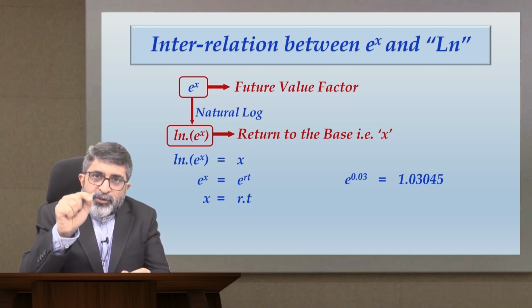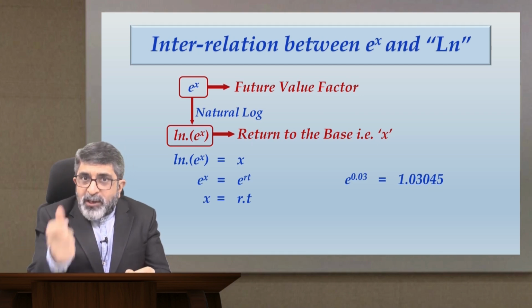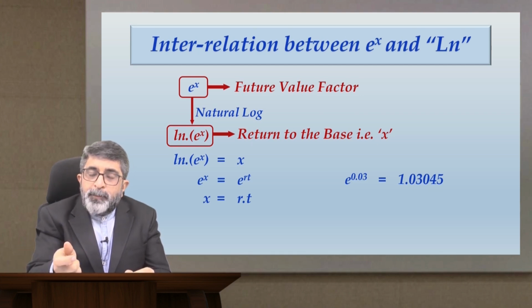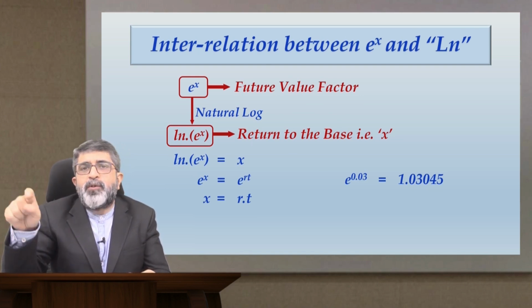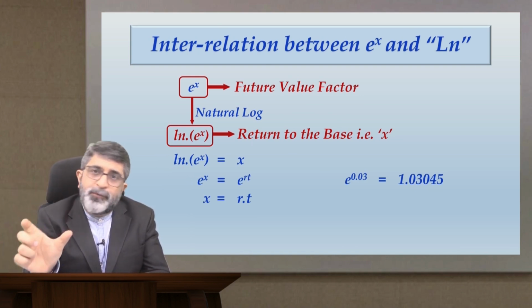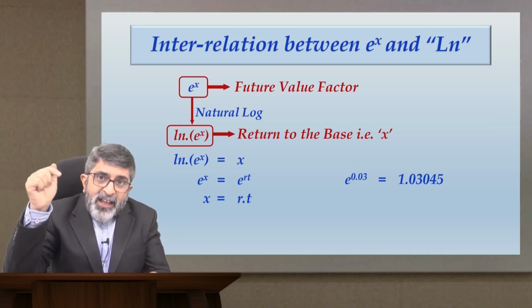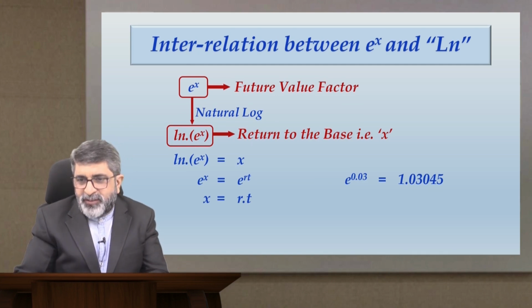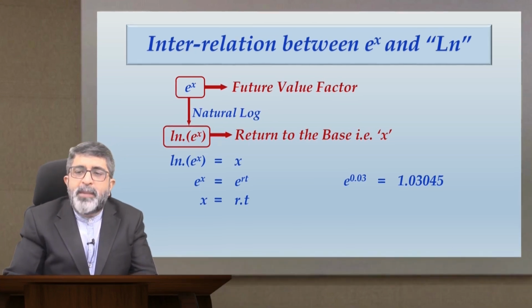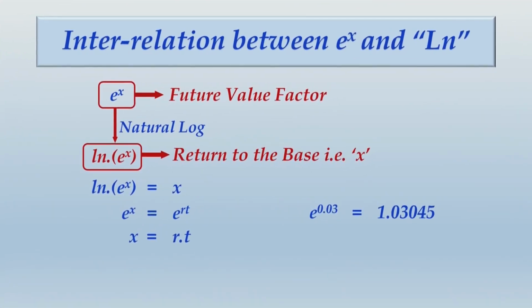When you take e raised to 0.03, it will give you the final result as 1.03045. That is the factor, the future value factor. So when you take the ln of that factor, the result will be again what? 0.03. That will give you back the rate of interest. So ln of 1.03045 will give you 0.03.